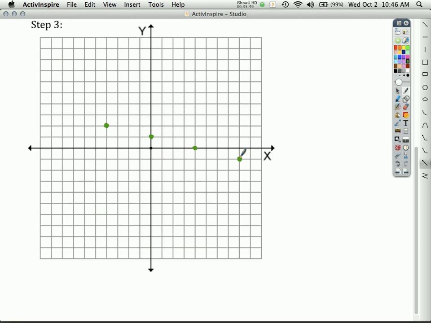So, we want the line to be accurate. I did not do a very good job. You can use a ruler or a straight edge. You can use the edge of your binder.